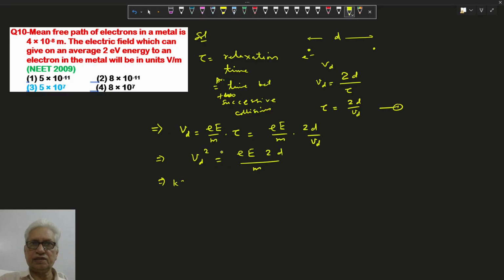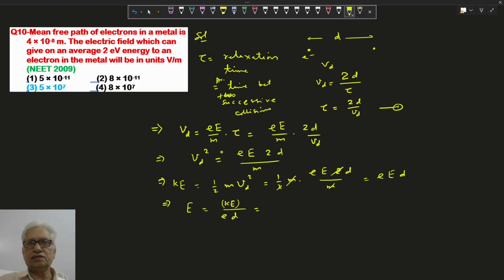Kinetic energy will be half m v squared, so v squared equals 2 E e d upon m. Now electrical field E can be written as kinetic energy divided by e d.